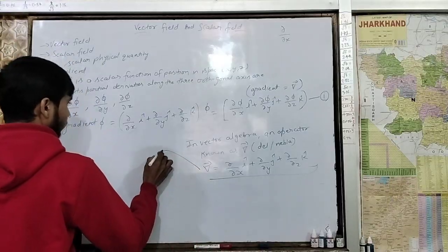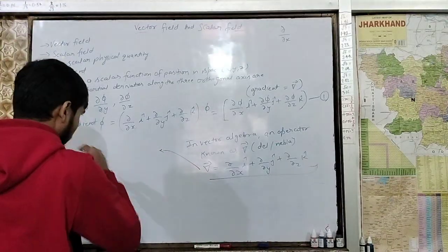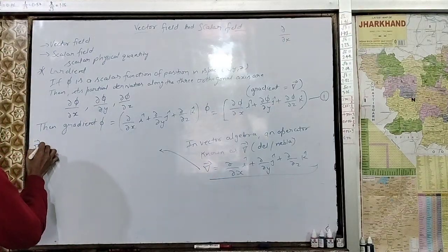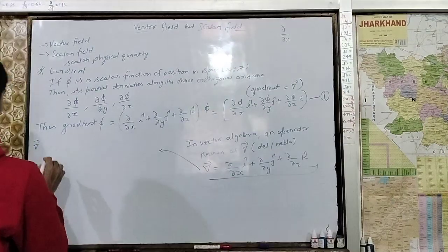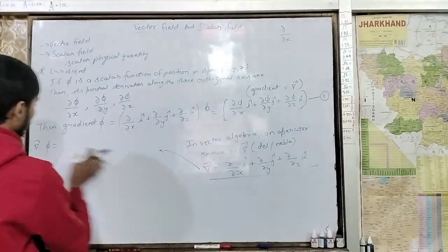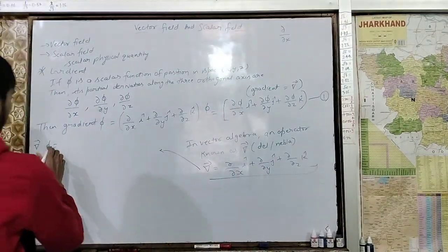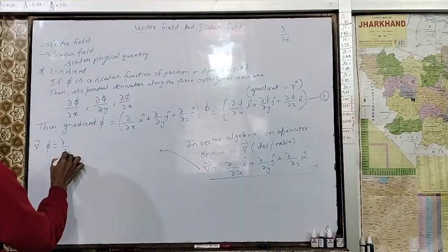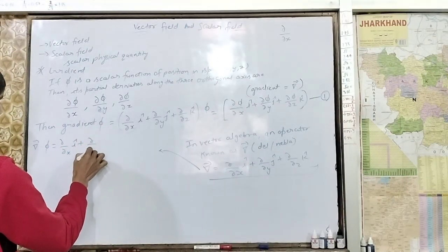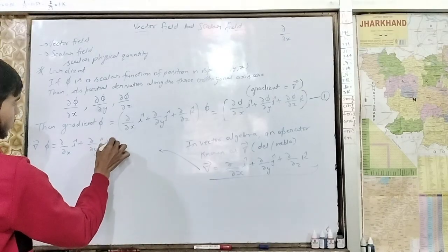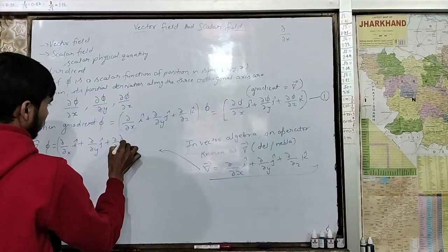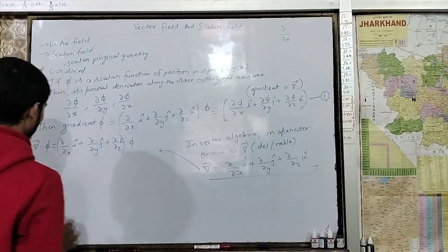Now over here we can write del operator dot phi. It will be equal to, just put this over here and multiply by phi. So d upon dx i cap plus d upon dy j cap plus d upon dz k cap, and multiply this by phi.